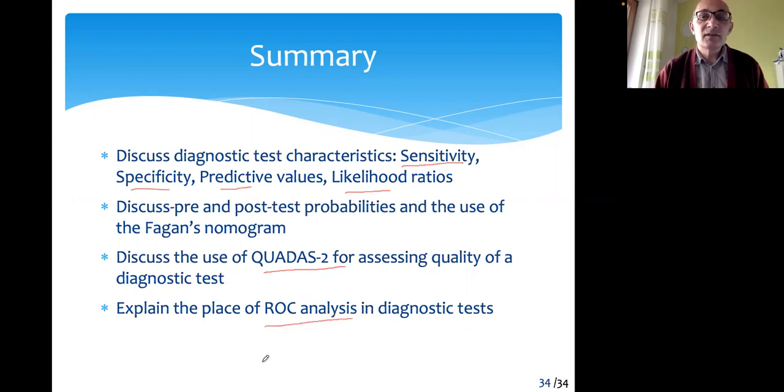ROC analysis is helping us to find the best cut value.